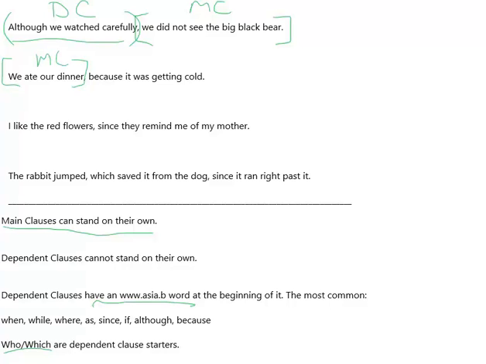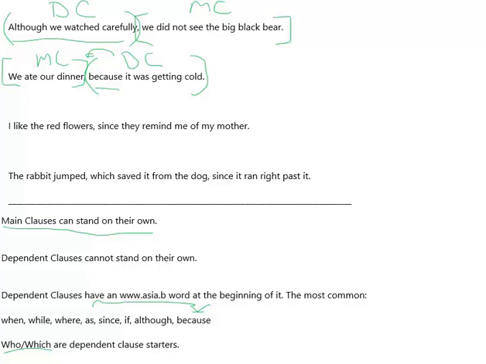I could put a period at the end of dinner and it would make complete sense. Because it was getting cold, well, because is our AAAWWWUBBIS word. It's right here. See? So we know that this is a dependent clause. It depends on the beginning in order to make sense. So we'll mark it with DC.